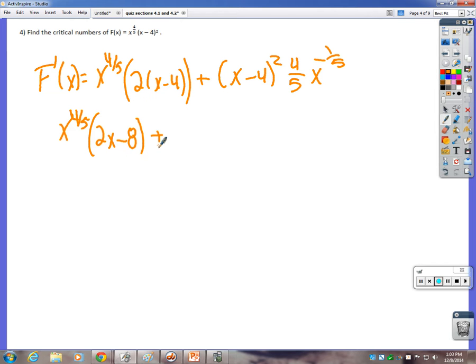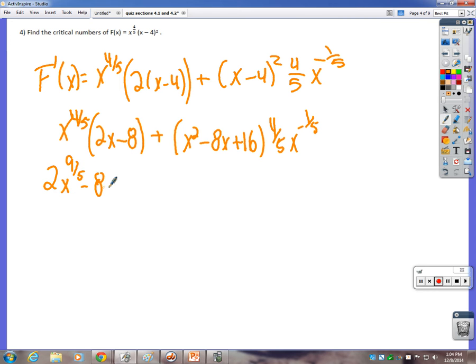And then if you FOIL this out, you get x squared minus 8x plus 16. And then that is 12 times 4/5 x to the negative 1/5. So far so good? All right, now I'm going to distribute the x to the 4/5. So that's going to give me 2x to the 9/5 minus 8x to the 4/5.